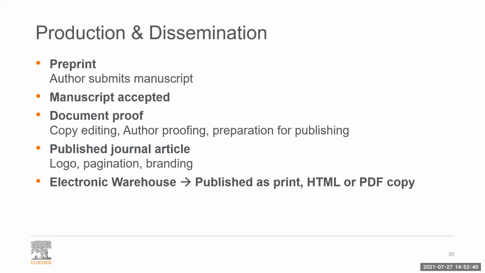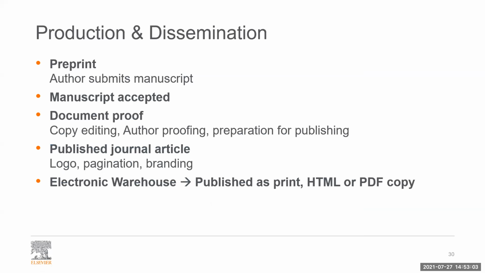So once an article gets through peer review and recommended changes are made by the author, it enters the journal's production process. So this generally includes copy editing, proofing, formatting, branding, pagination, logo affiliation. Metadata and identifiers are attached to the paper to make them discoverable online.